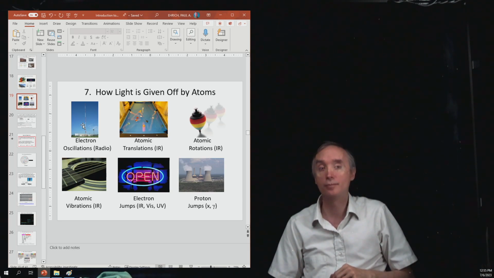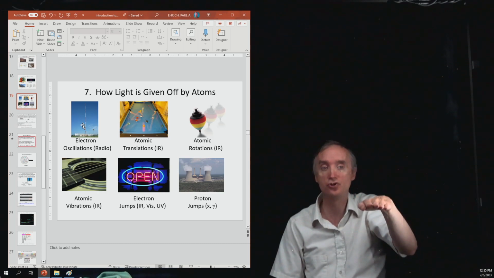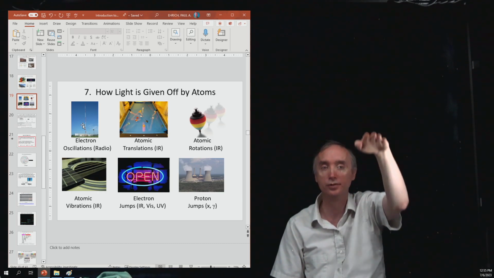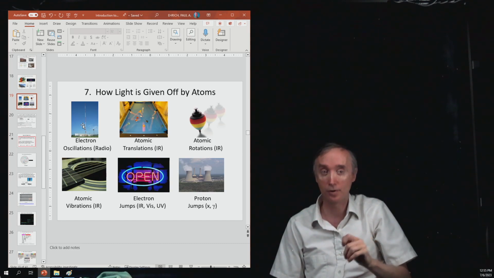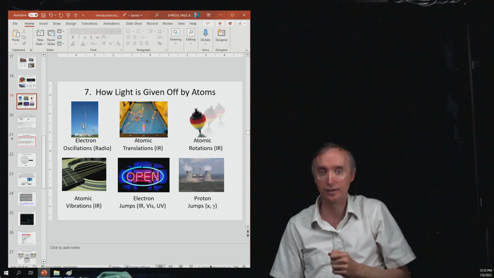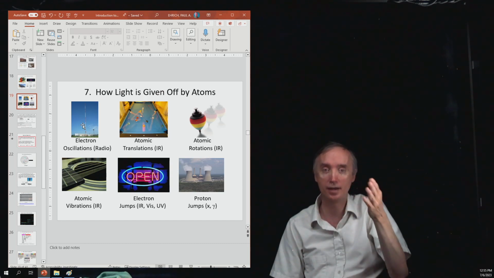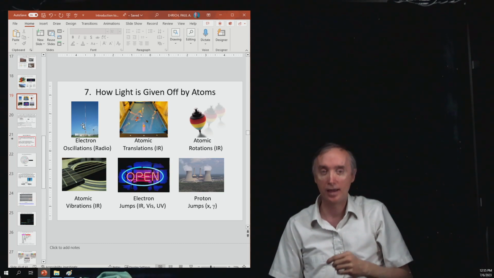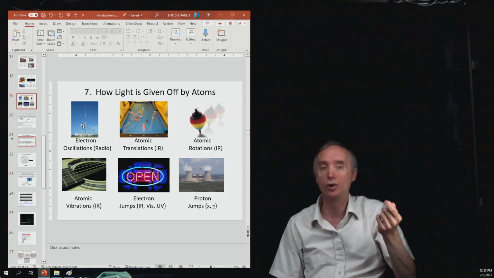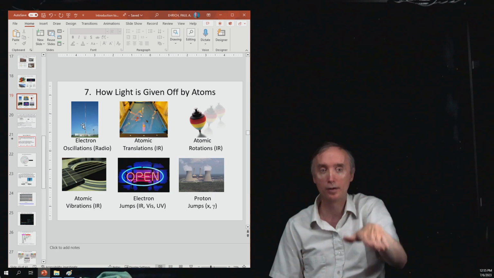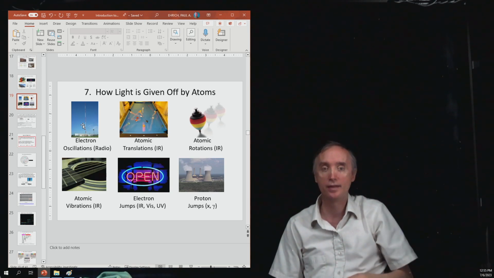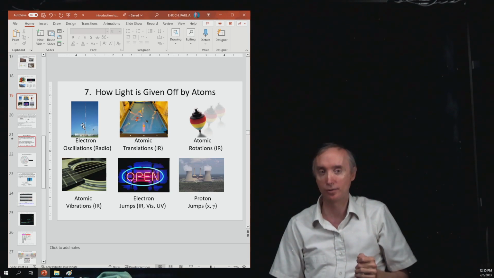Another thing that could happen is the electrons could jump up and down in their energy levels, the floors of the apartment building. That produces visible light and infrared and some ultraviolet. And then finally, the protons and neutrons could start to jump up and down as well, and that's going to produce X-rays and gamma rays.